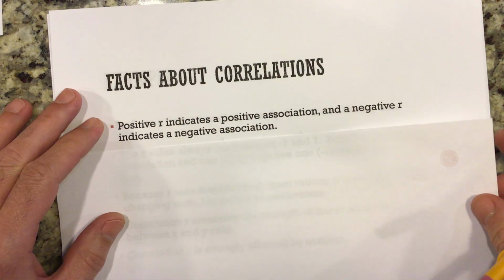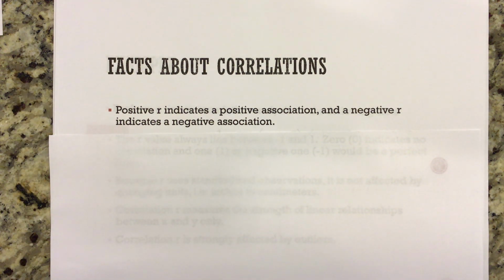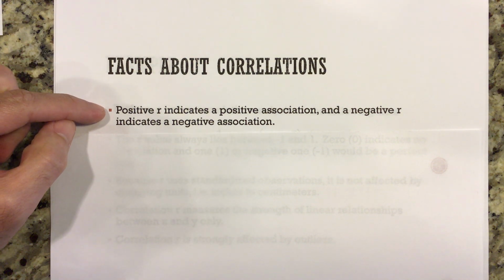Okay, some facts about correlation. In other words, how do I interpret this r value, this calculation that I just did? The sign of r is very important. It tells us the direction of the association.